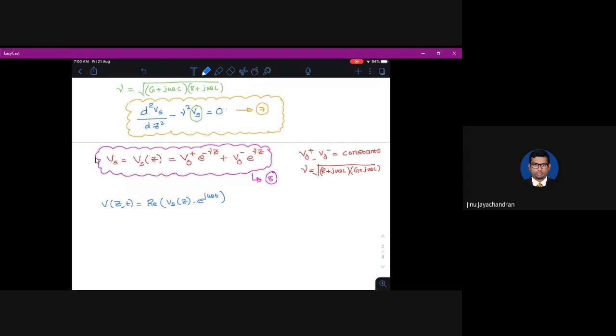Let's substitute the values. So this is the real part of V0 plus e raised to minus gamma z plus V0 minus e raised to plus gamma z, into e raised to j omega t.